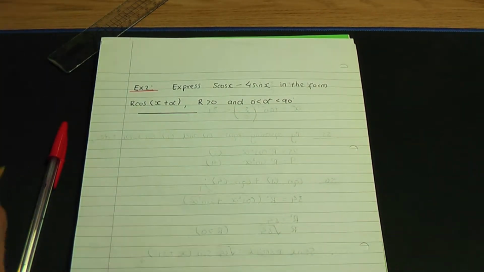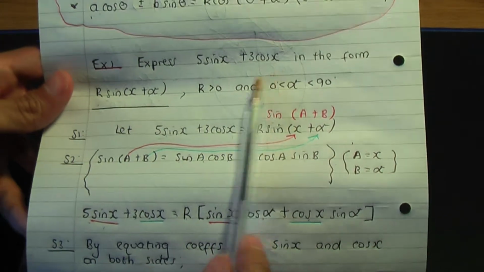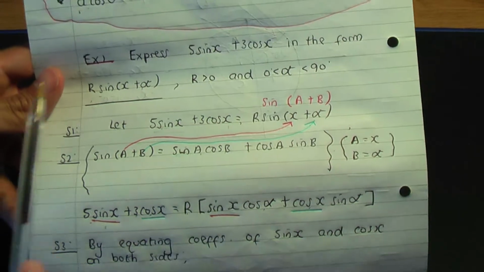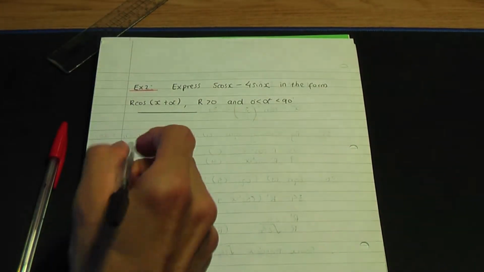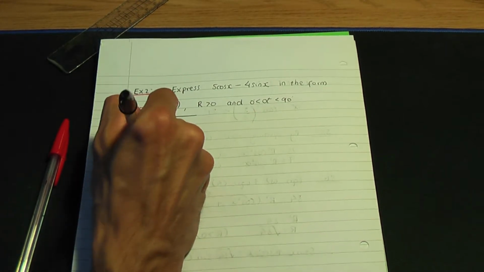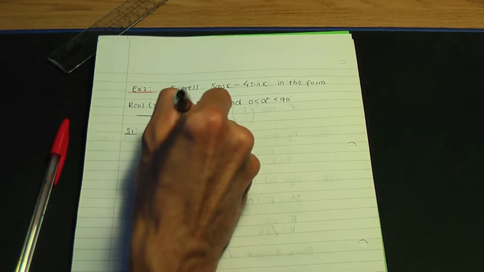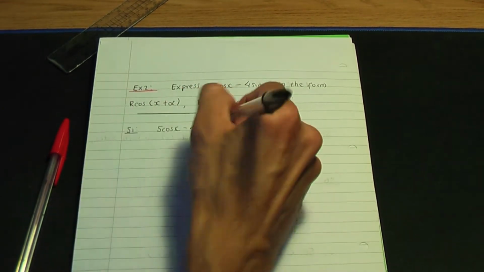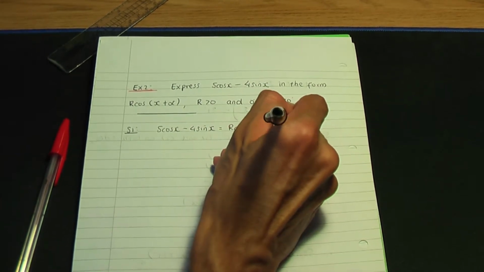So let's remind ourselves of the steps. So step 1 is to take your expression and equate it to the form that you need to write it in. Okay, so in this case, in step number 1, we're taking this expression 5 cos x minus 4 sin x, and we need to write it as r cos x plus alpha.